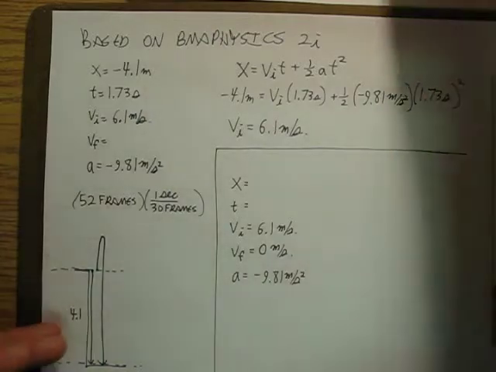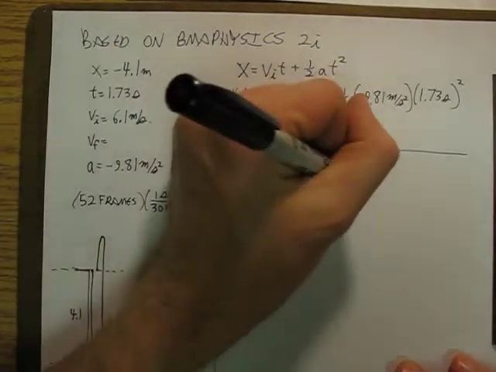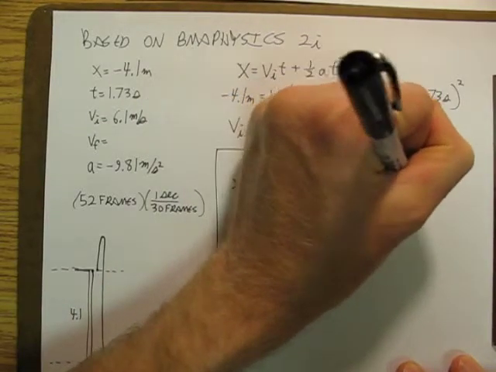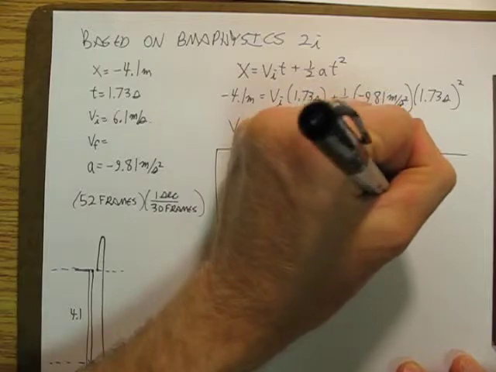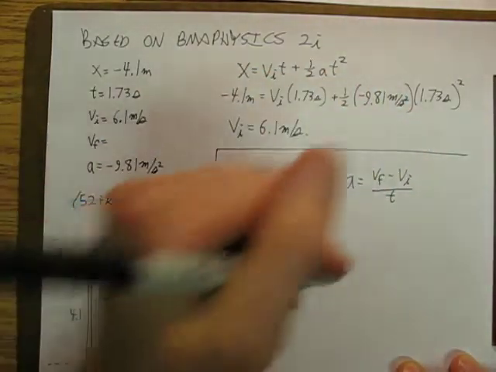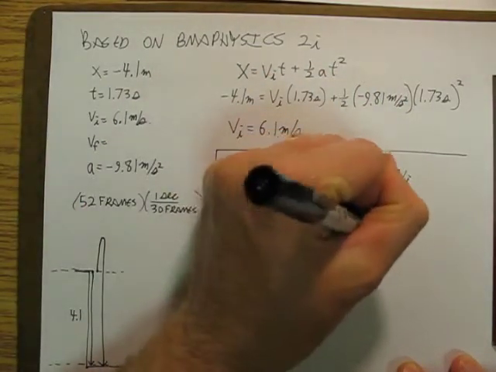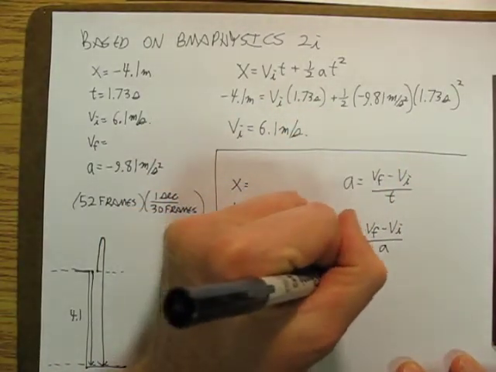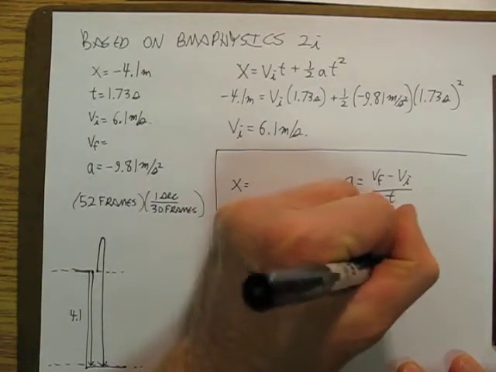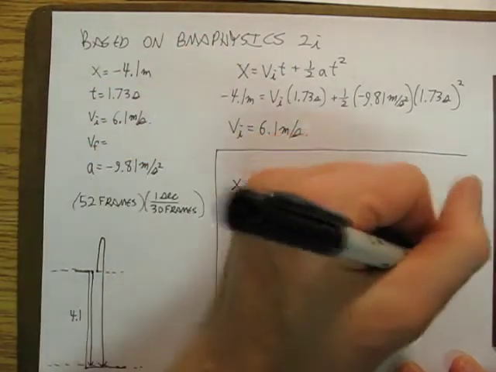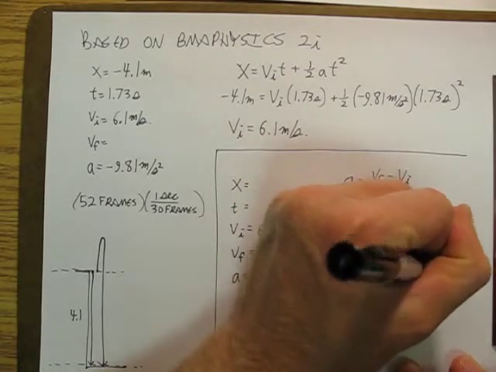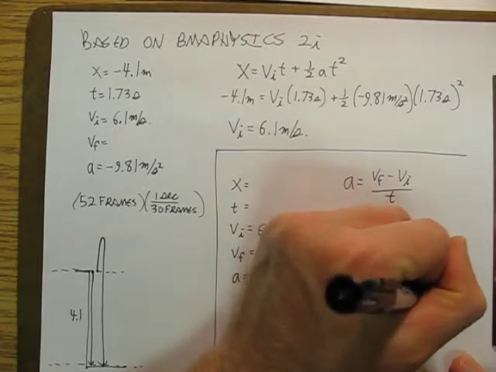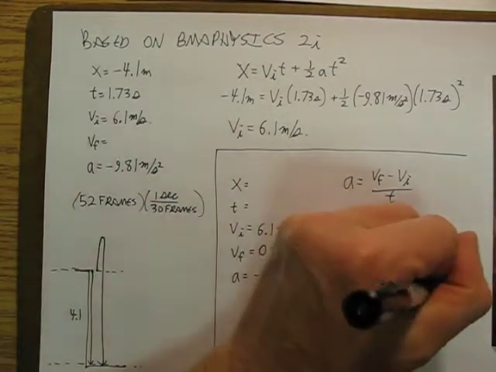And so I want to use A equals VF minus VI divided by T. I'm going to rearrange that, so T equals VF minus VI over A. T is equal to 0 meters per second minus 6.1 meters per second, all divided by negative 9.81 meters per second squared.